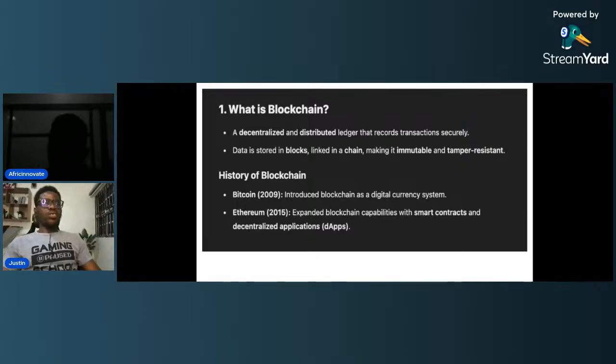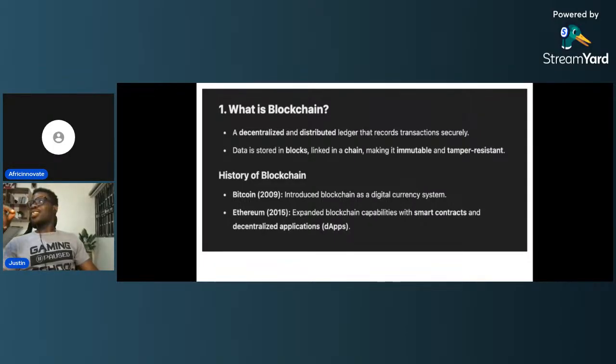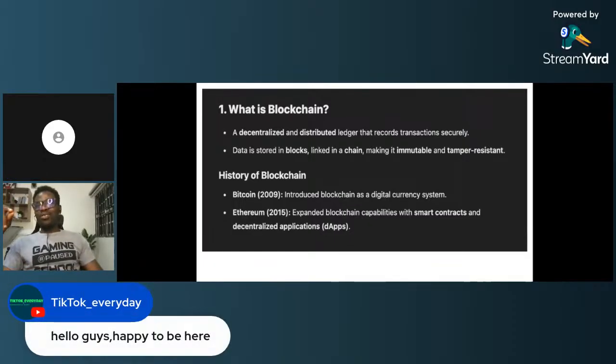The next incoming block will have the timestamp of the parent block linked to it, and so on down the chain.